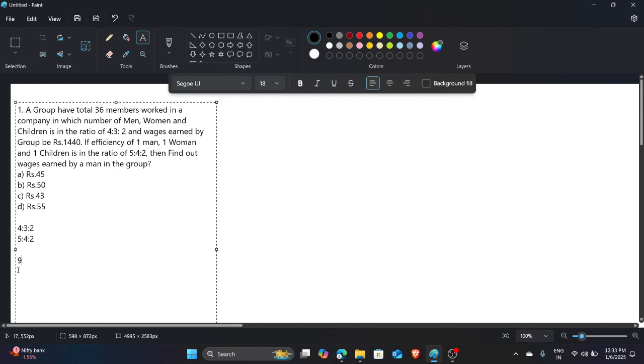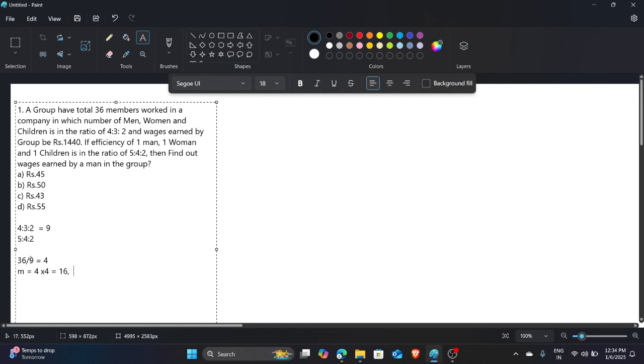So 36 is the total number of members. The sum of the ratio is 9, so 36 divided by 9, that value is 4. Now the number of men is 4 into 4, because the ratio is 4, so it is 16.